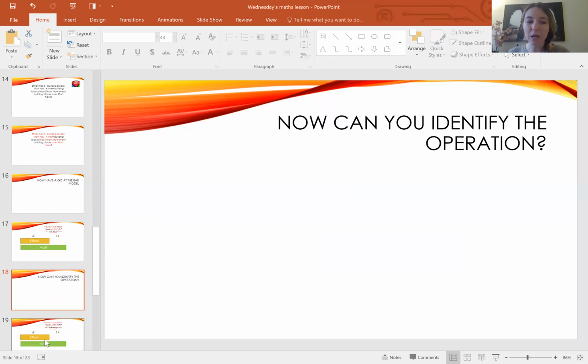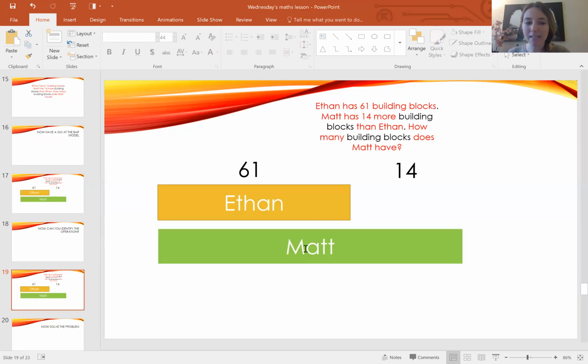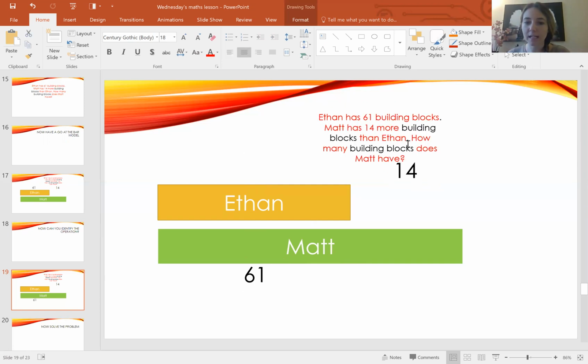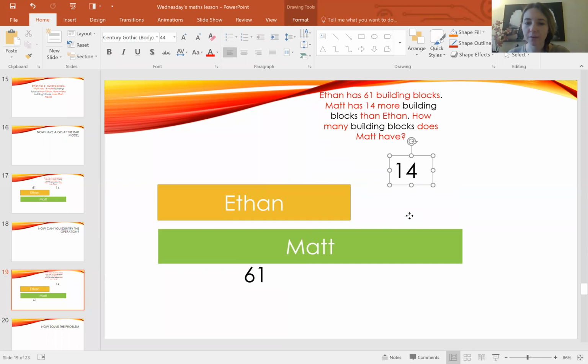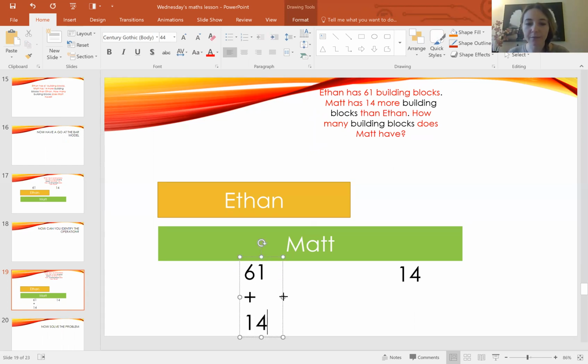So hopefully you worked out that in order to find out what Matt has, you have to put these two parts together. 61 add 14. Because this part of the bar is 61 and this part is 14. So to find out what Matt has in total, we need to put those two parts together. So it's 61 add 14.